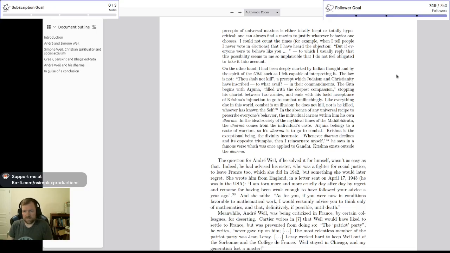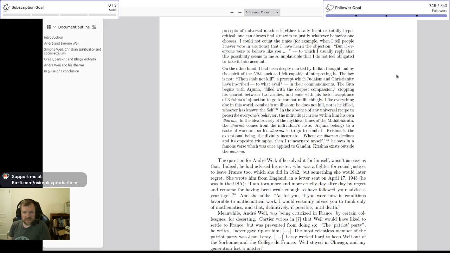The Gita begins with Arjuna, filled with deepest compassion, stopping his chariot between two armies, and ends with his lucid acceptance of Krishna's injunction to go into combat unflinchingly. Like everything else in the world, combat is an illusion. He does not kill, nor is he killed, whoever has known the self. In the absence of any universal recipe to prescribe everyone's behavior, the individual carries with him his own dharma."